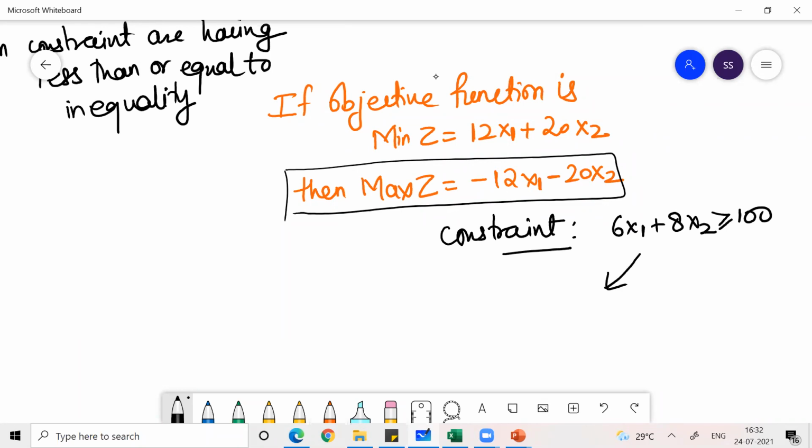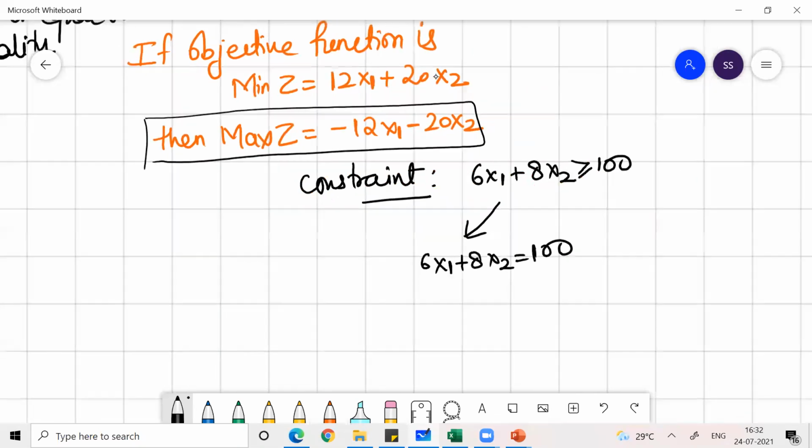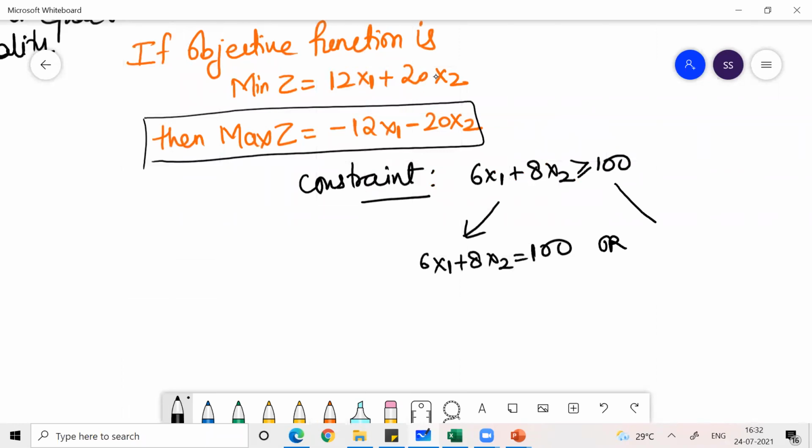This means that 6x1 plus 8x2 is equal to 100, or 6x1 plus 8x2 is greater than 100. So if 6x1 plus 8x2 is greater than or equal to 100, it means that it is equal to 100 or greater than 100. Is this clear, everyone?